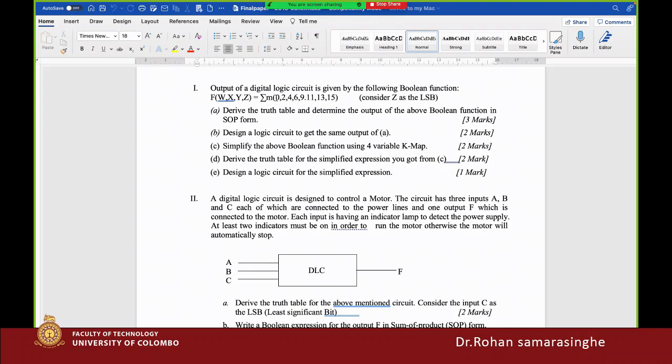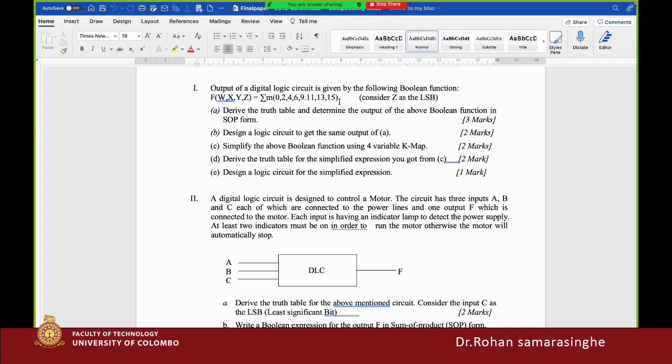In such a case, how do you derive the truth table and determine the output of the above Boolean function?